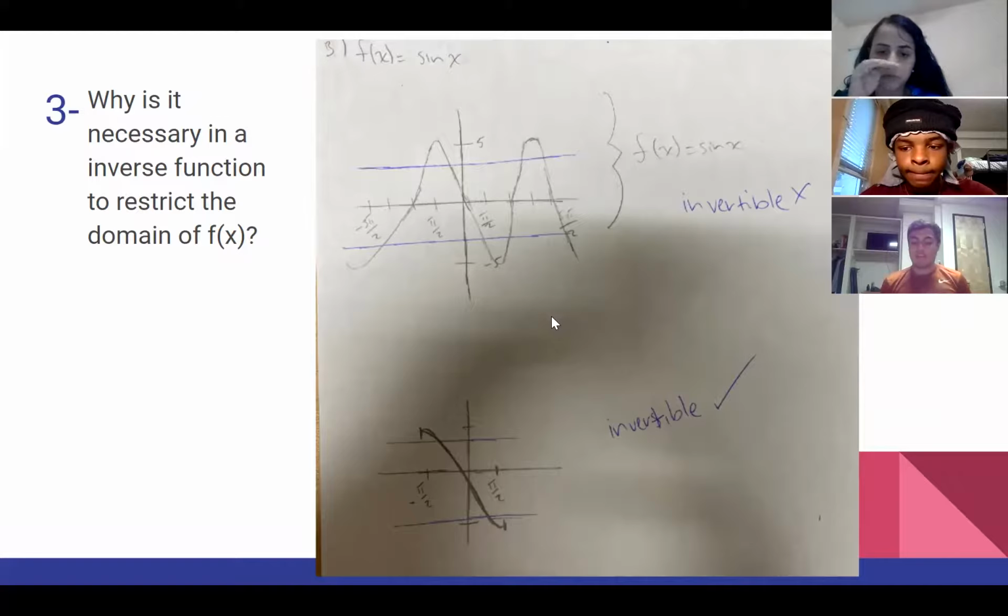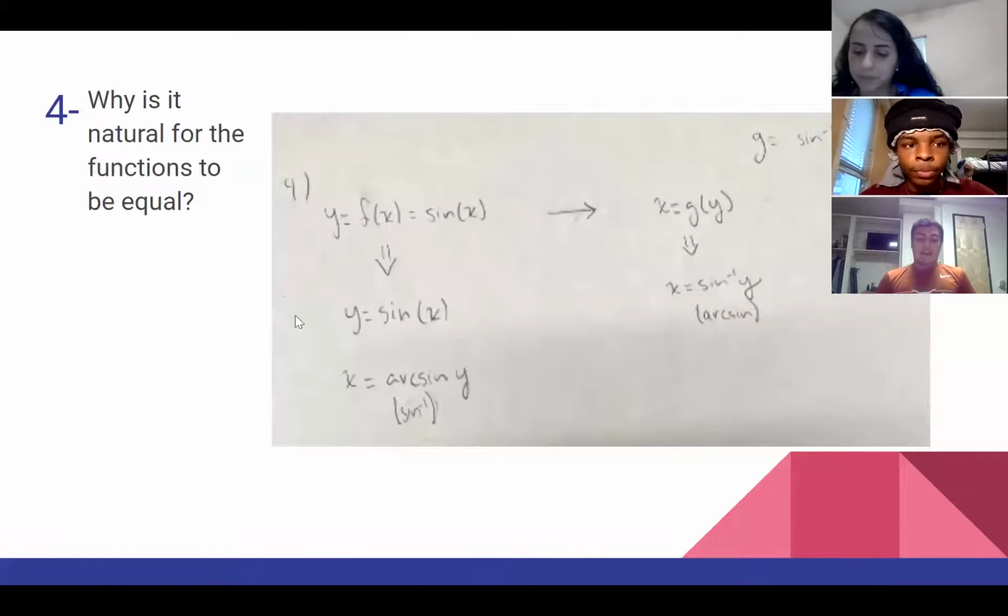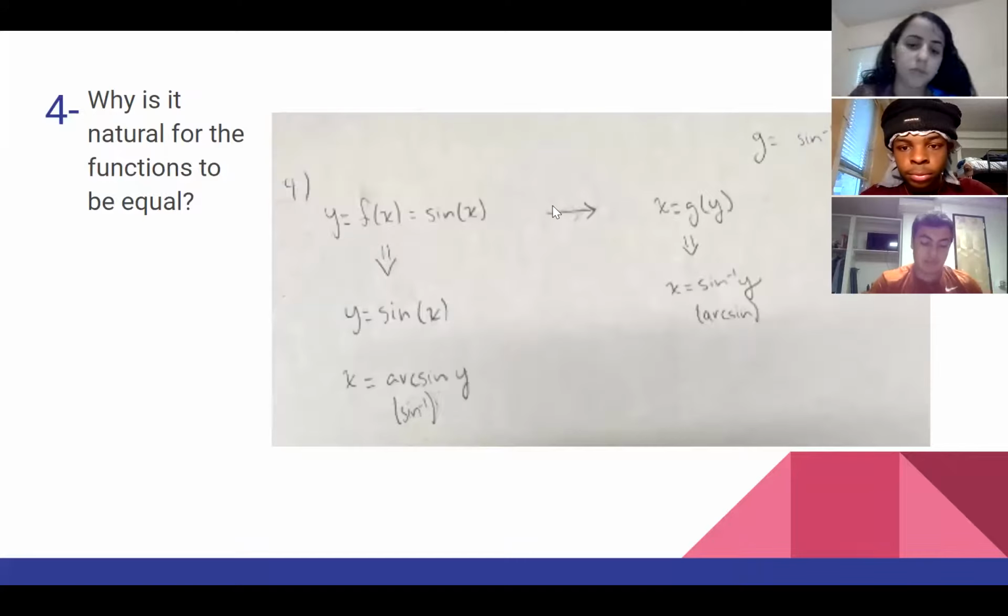And for my next problem, it asks, why is it natural for the functions to be equal? The functions are y equals f of x equals sine of x, basically y equals sine of x, and x equals g of y, with g equaling the inverse of sine, or arcsine. For the first equation, y equals sine of x, all we have to do is flip the variables x and y, and we get x equals arcsine, or sine inverse, of y, because we also inverse the sine.